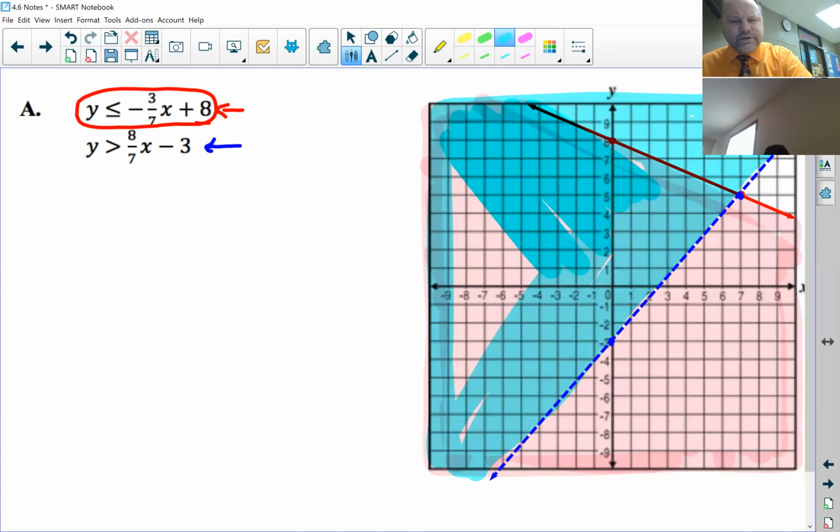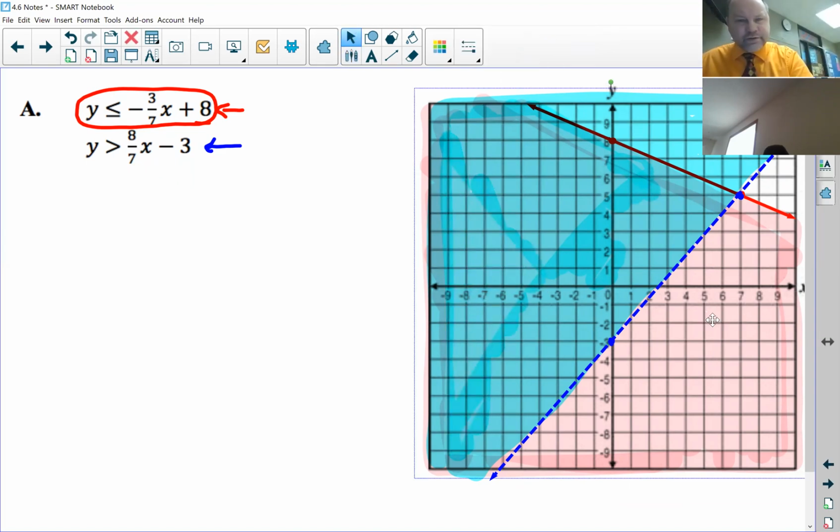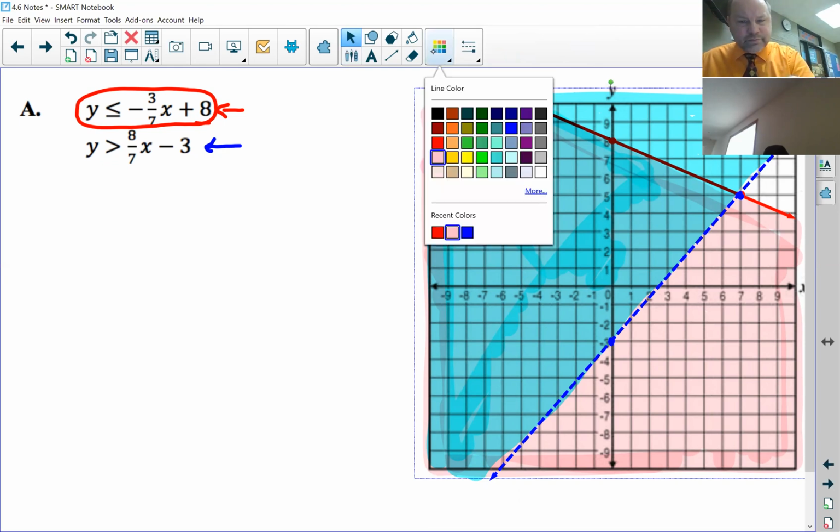And the solution is where the two shadings intersect. And I was hoping that my pink would be a little bit darker.